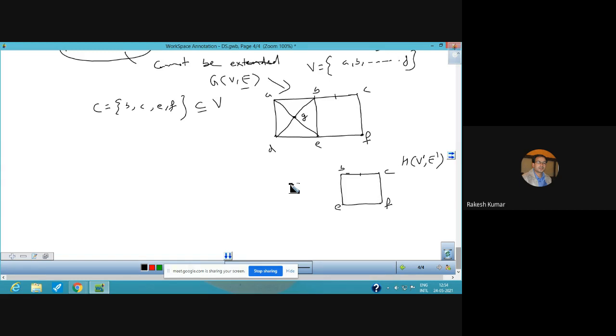Now this is what they are saying, that cannot be extended. Yes, suppose I include in this H one more vertex G here. तो वो उसको हम increase नहीं कर सकते, which cannot be extended by including one more adjacent vertex.